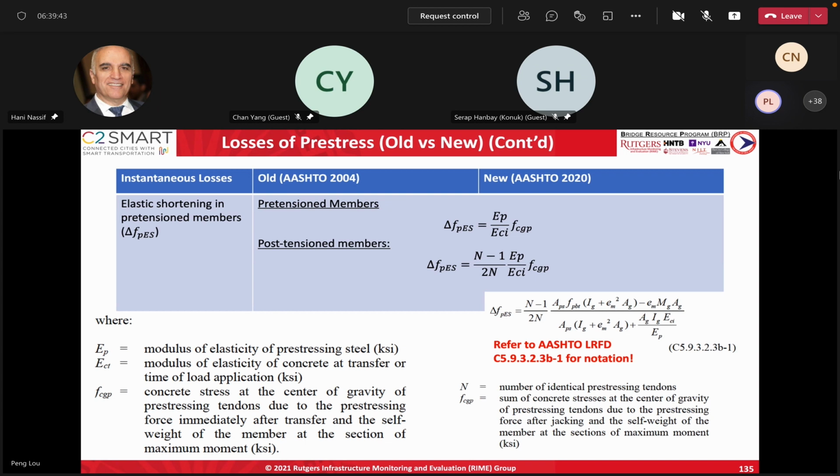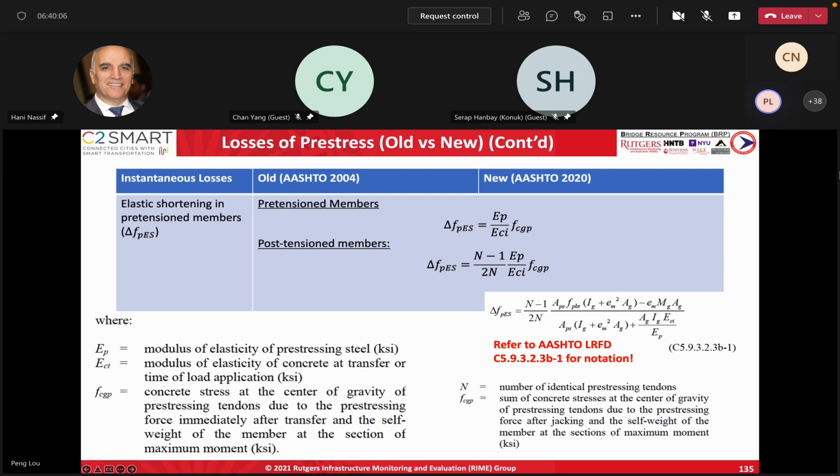Similarly, the code doesn't change too much, but the new code has some alternative. If you look at the equation on the bottom right, it has an alternative equation that you could use to double check your losses, right? So also we differentiate for the pre-tension members and post-tension members.